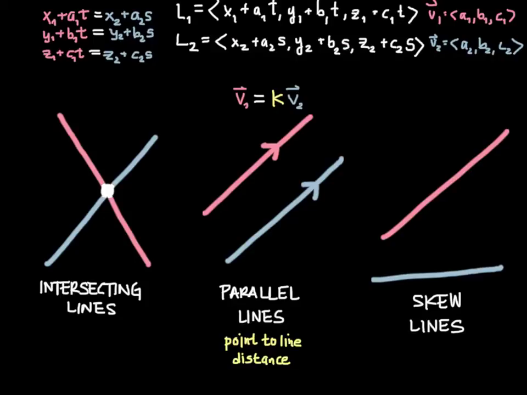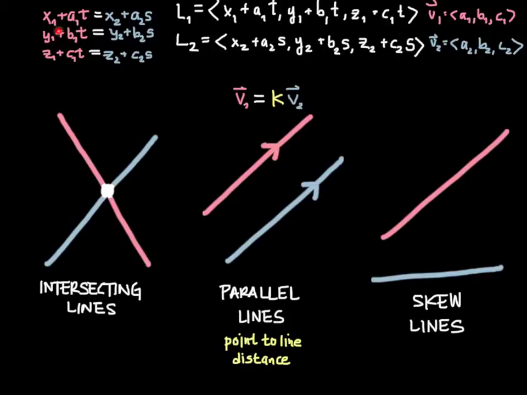When you're given two actual examples of lines, x1, y1, z1 will be the point that L1 goes through, a1, b1, c1 will be the direction of L1, x2, y2, z2 will be a point on L2, and a2, b2, c2 is the direction of L2. So all of these variables with subscripts will be actual values that are filled in. The only variables that retain letter form are the t and the s, the parameters within the component functions.